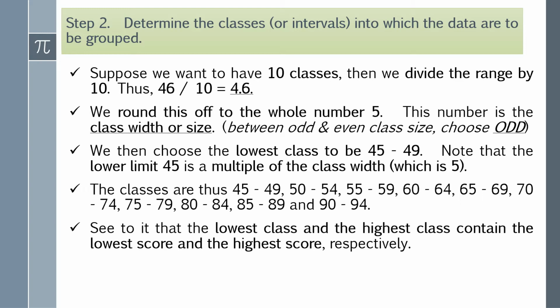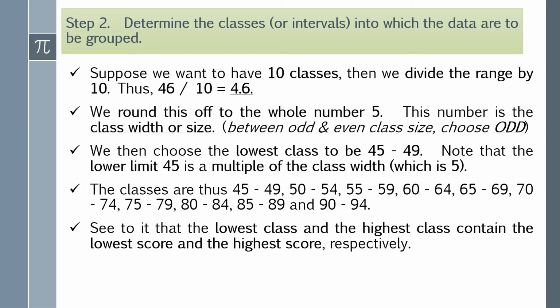Okay? Sa number 5, this is the class width or the class size. So, yung 5 na nakuha natin, yan yung magiging class width or class size. There are times na ang pwede natin makuha na class width or class size ay 4, 6, or 7 or 3.